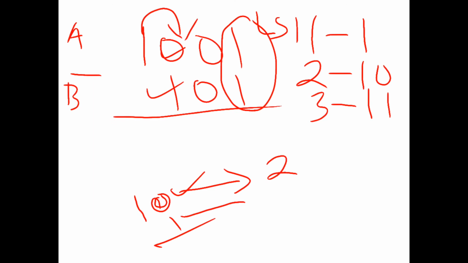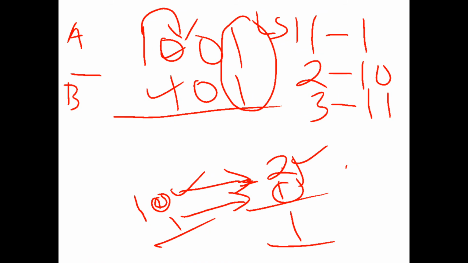Similarly, 1 in binary means 1 in the decimal. So in a nutshell, if we talk about the decimal subtraction, it means that we are going to have the subtraction of 2 with 1. Meaning 1 will be subtracted from 2. So obviously 2 minus 1 will be 1.